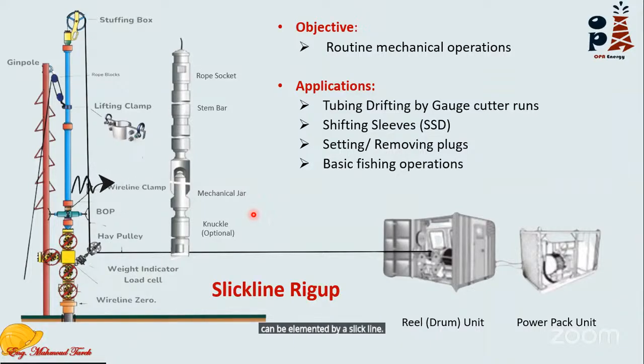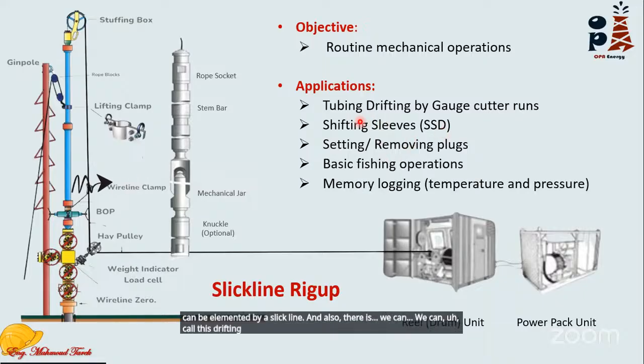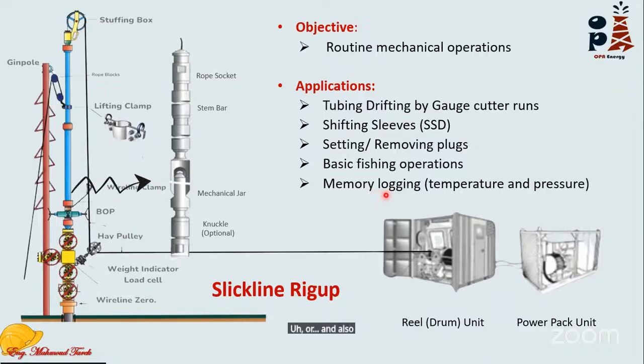We can call this tubing drifting by gauge cutter, shifting sleeve, setting and removing plugs, and also memory logging, memory PLT, or temperature and pressure surveys, and so on, to collect the data.